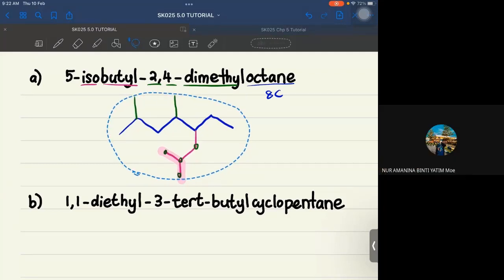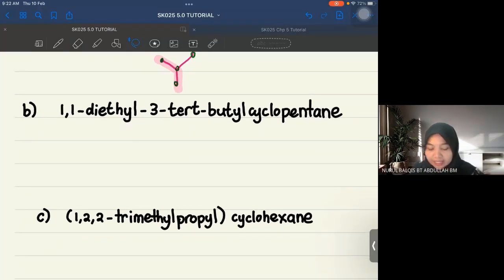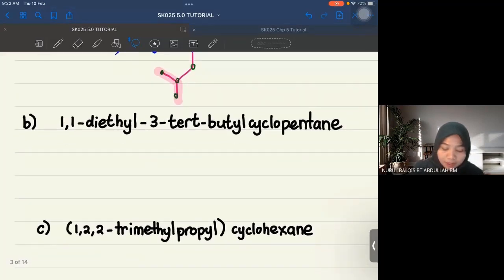Boleh. Okay. Next one. We have 1,1-diethyl 3-tert-butyl cyclopentane. This cyclopentane is going to be the parent chain. So your parent chain contains how many carbons? 5 carbons.